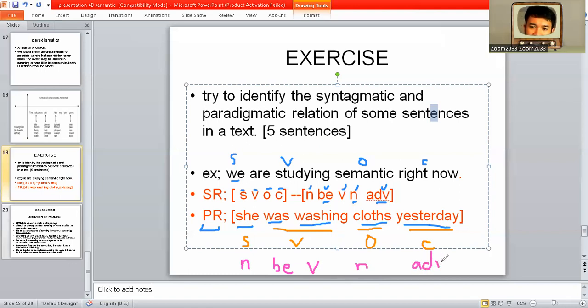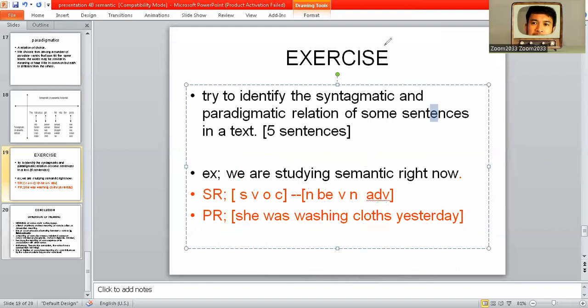So still the same paradigmatic with syntagmatic. So this is how we create a sentence in syntagmatic and paradigmatic.